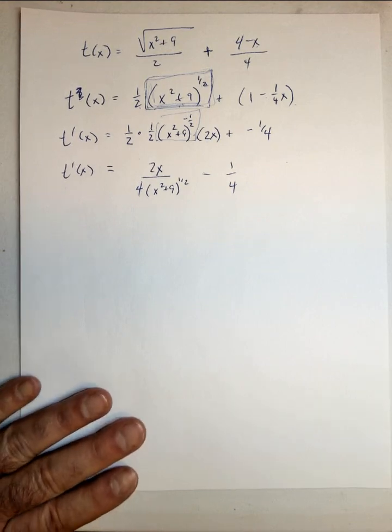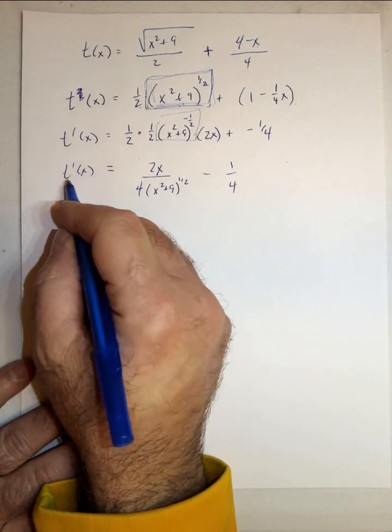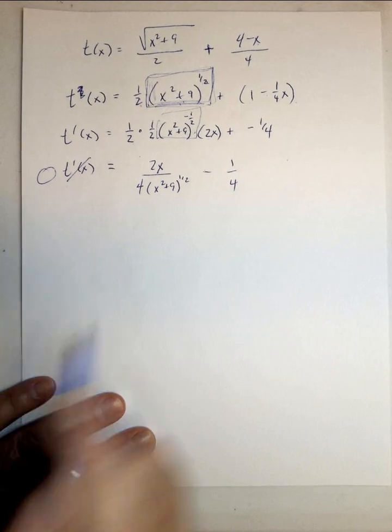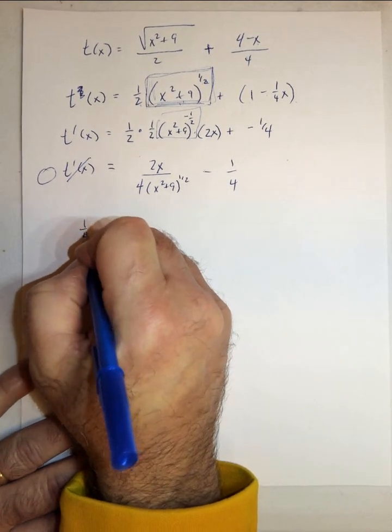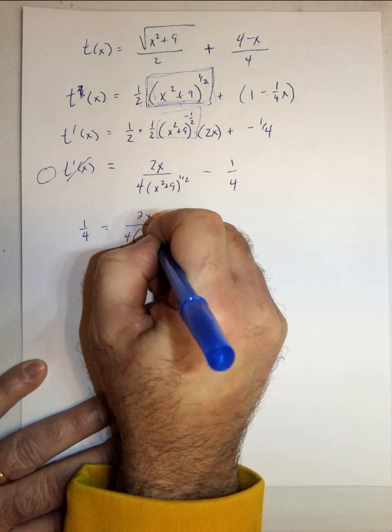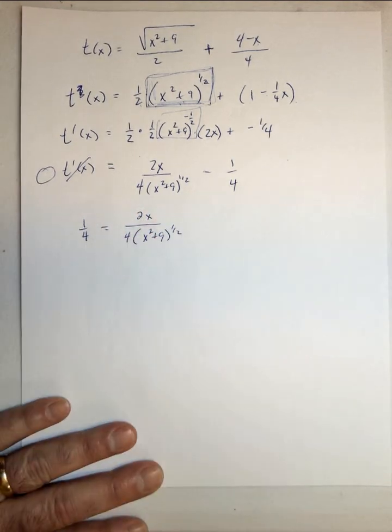So at this point, I want to set it equal to 0. Right, so we set our derivative equal to 0. I'm going to take the 1/4 to the other side and cross multiply.